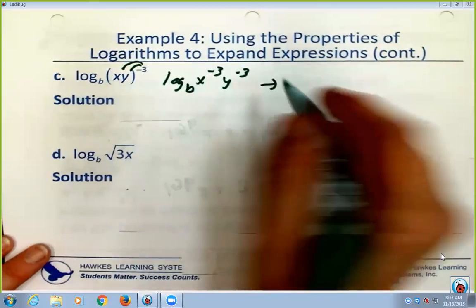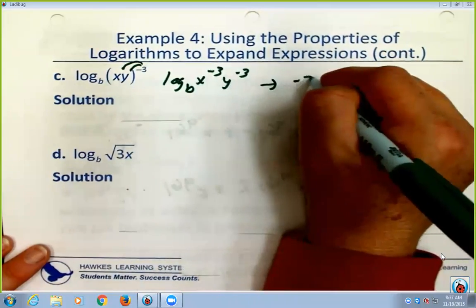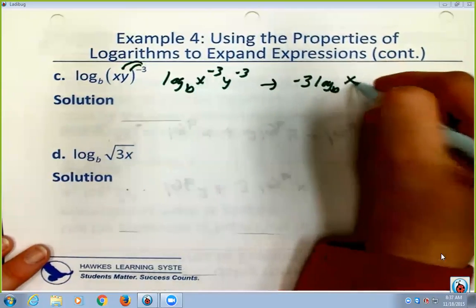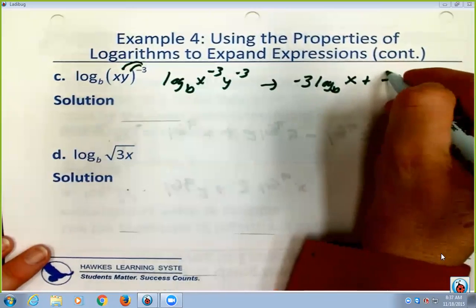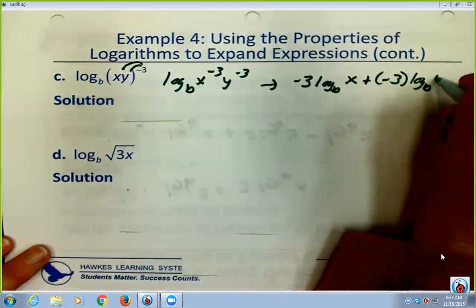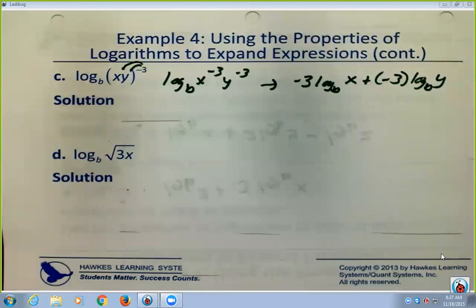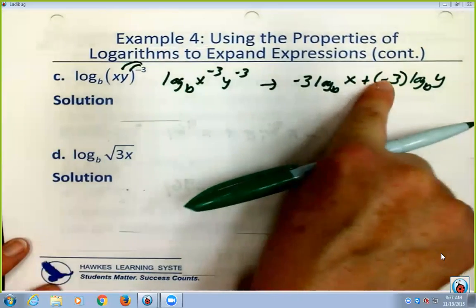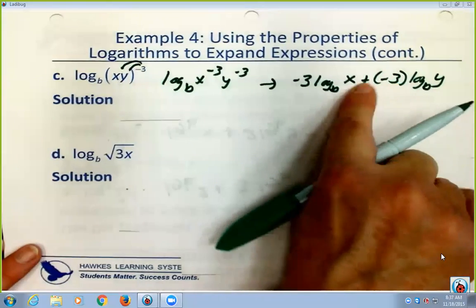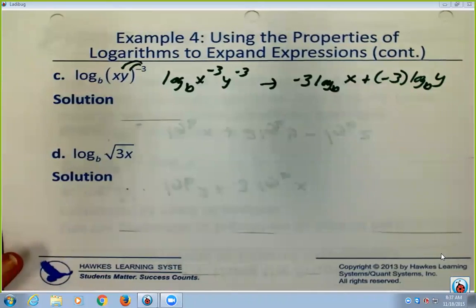Well, it's a multiplication with exponents, so it's a -3 log bx plus a -3 log by. And so this sign's going to change in here. It's going to end up becoming a subtraction instead of an addition, because that's what happens with my sign.